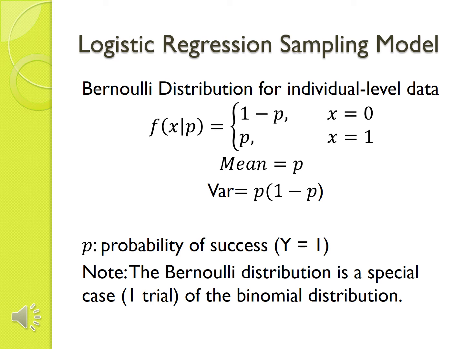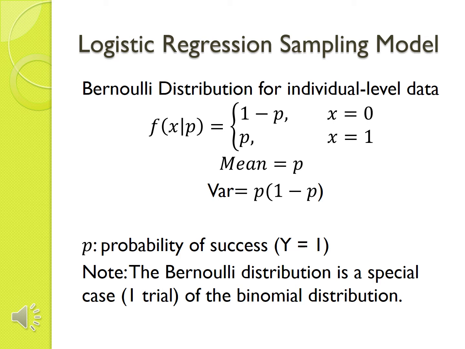What that means is that if x equals 0, your probability is 1 minus the sampling probability, and if x equals 1, then you have the probability of p. On average in the sample, the mean is p, and the variance is p times 1 minus p. So this is a distinct variance of this model.